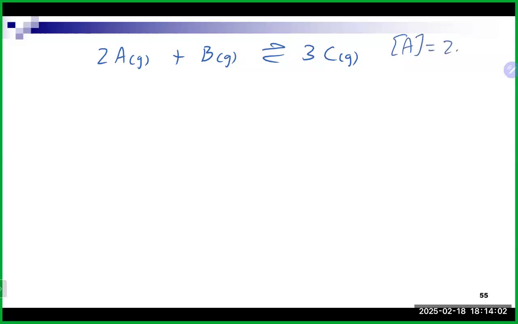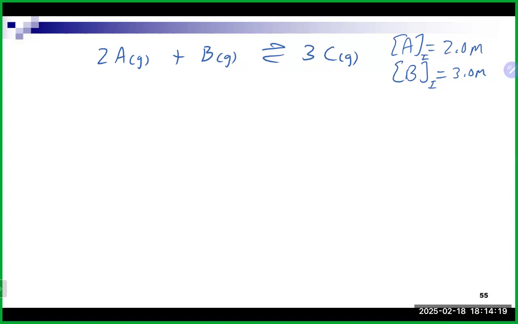So for example, if we had an equation like 2A plus B goes to 3C, and let's just say initially we had 2 molar A and 3 molar B given to us, and we wanted to know everybody's equilibrium concentrations, we would use an ICE table.